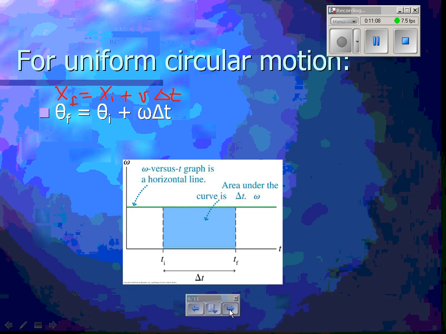But right now we have no rotational acceleration. So we have a constant angular velocity, and over time, omega times delta t. If you multiply velocity times time, you get a displacement, and when you multiply omega times delta t, you get an angular displacement. So it's basically an angular location final equals angular location initial plus your change in position.